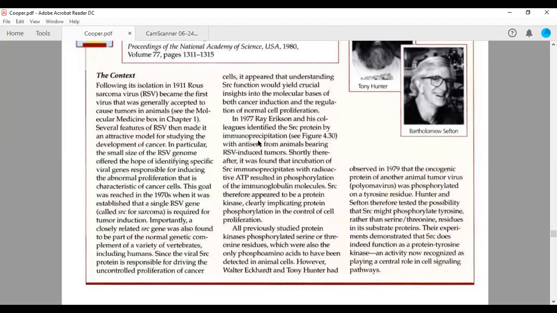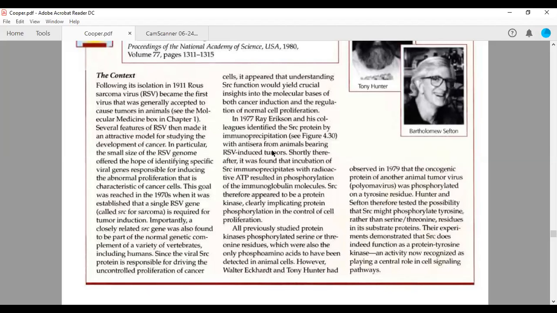They used a technique called immunoprecipitation. What is the meaning of immuno? We are using antibodies to that particular protein, the SRC protein, and with the help of these antibodies we are able to remove the SRC protein from the animal. They used antisera, or antibodies, from animals bearing Rous sarcoma virus-induced tumors.